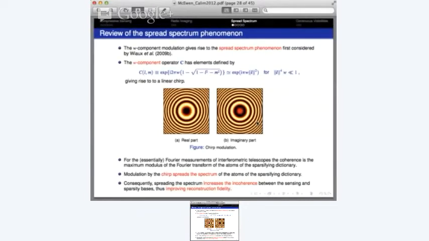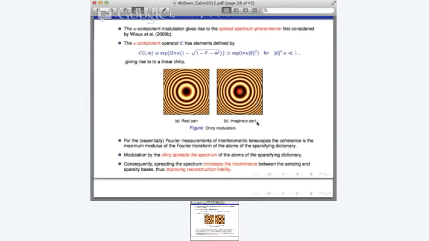So this W term produces this chirp effect, which has high frequency content. It's a modulation in image space, which means it's a convolution in Fourier space. So when we think of applying this to our sparsity basis vectors, it's performing a convolution. It's spreading the signal, hence the name, this spread spectrum phenomenon. It's spreading the signal, thus reducing the maximum modulus of the Fourier coefficients, thus reducing coherence, and then improving reconstruction quality.